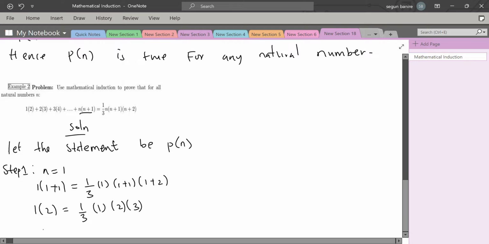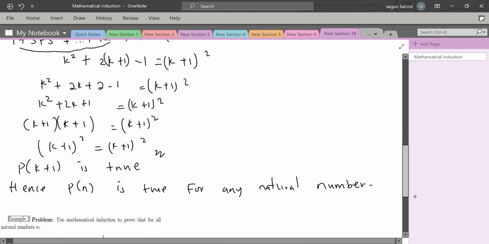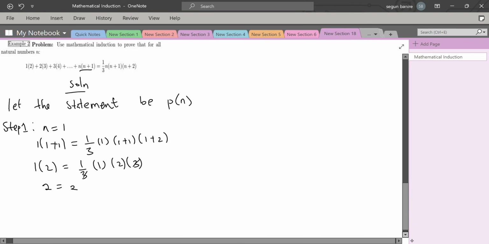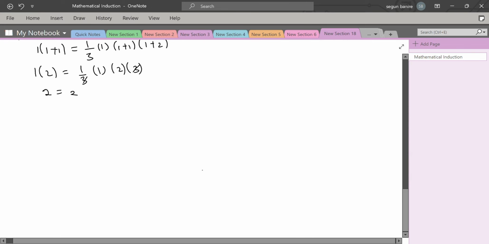So 3 cancels 3, you get 1 times 2, which is 2. So you could see that the left hand side is equal to the right hand side. So we say that p of 1 is true.